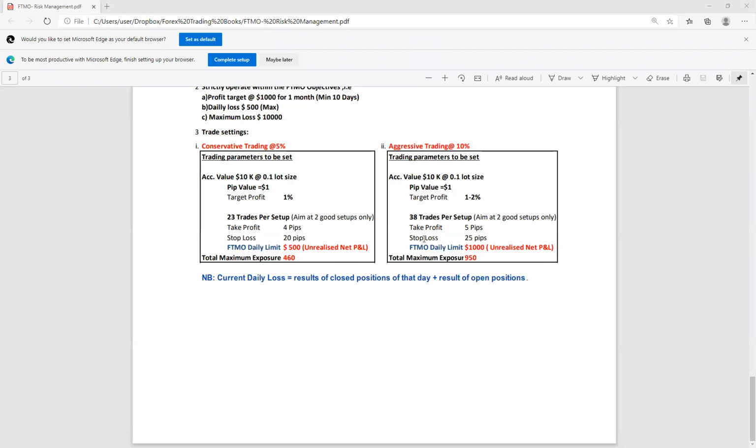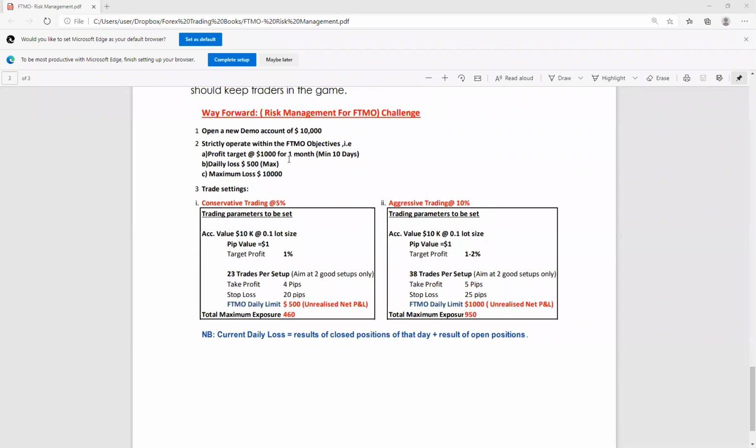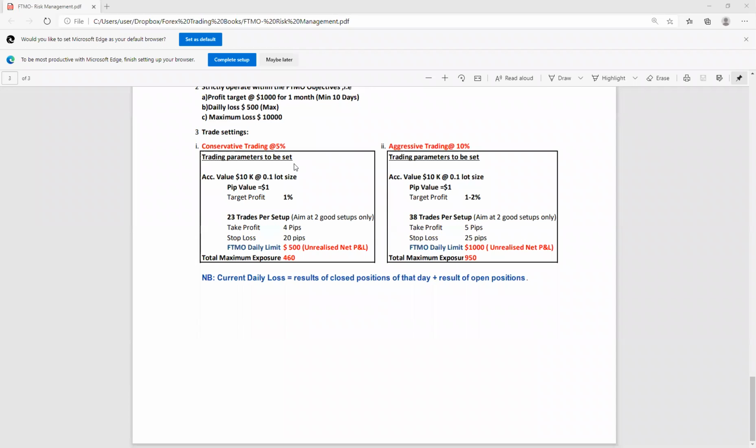All right, let's go straight to the trade settings. I experimented with a 10,000 account during the day, and this is what I found would enable us to play within these parameters without overexposing ourselves.